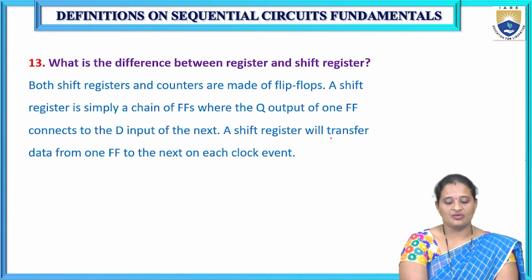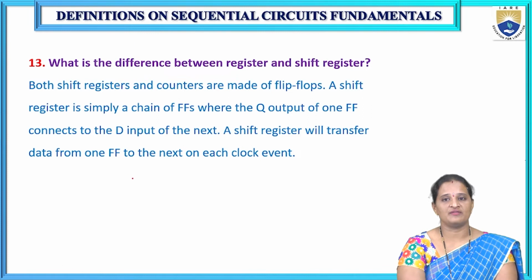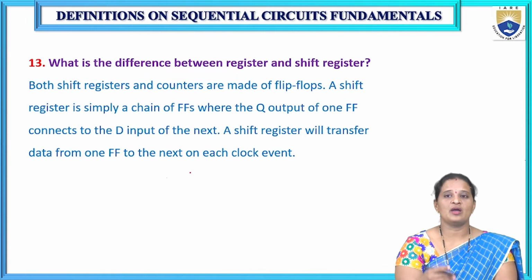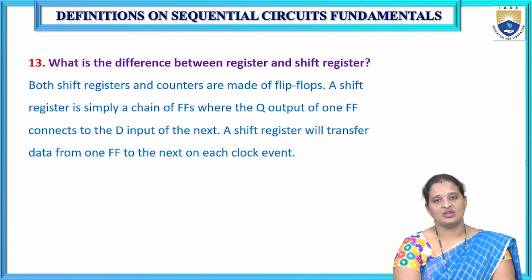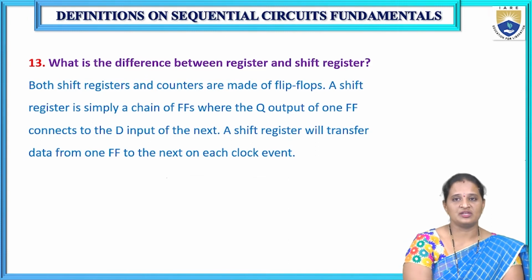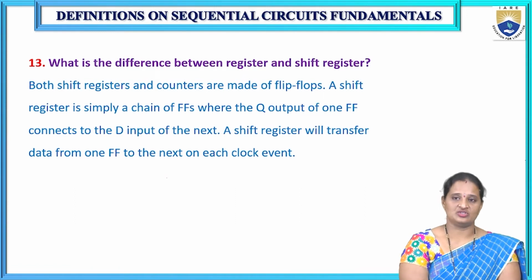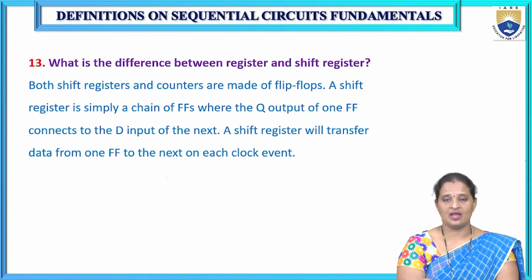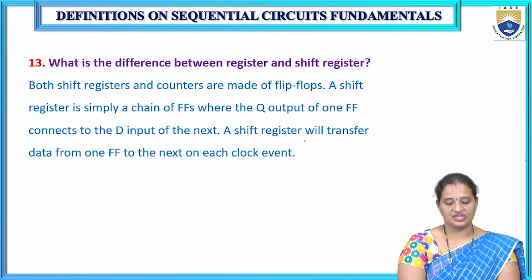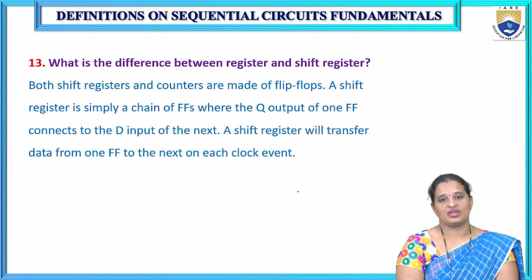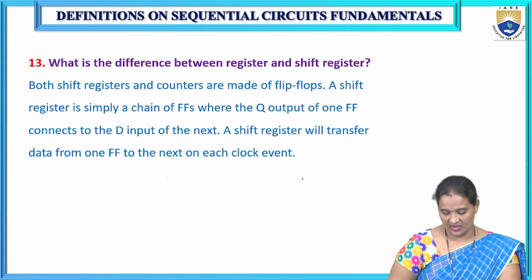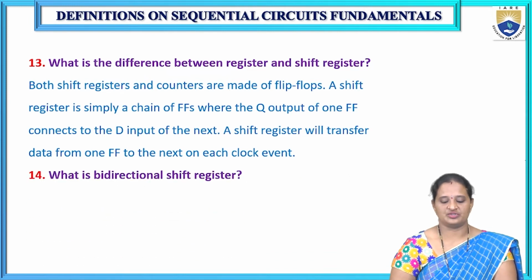A shift register will transfer the data from one flip-flop to the next on each clock event. A normal register just stores the data, but a shift register not only stores the data but also shifts it either to the left or right by one position for each clock event. So this is the difference between register and shift register.